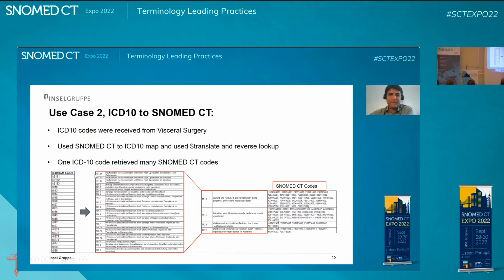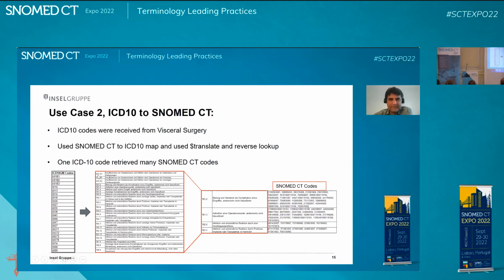Exactly. As I mentioned here, one ICD-10 code retrieved many SNOMED CT results. On the table in the middle, you can see the definition of the ICD-10 code, and on the right side, the SNOMED CT code. The list we got had ICD-10 codes, but they were not clean, because ICD-10 codes usually have a dot in them.